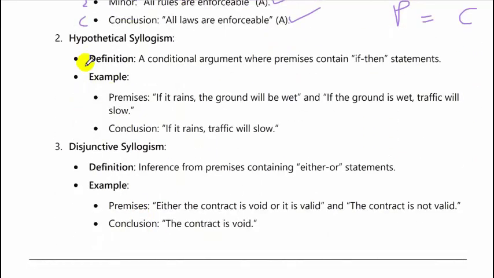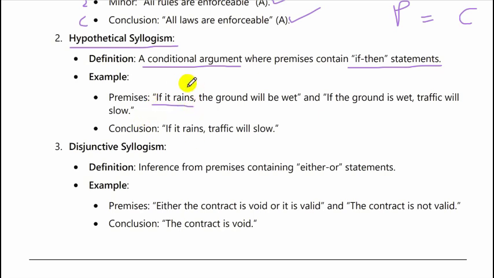Alright, let's look at the hypothetical syllogisms. A conditional argument where premises contain if-then statements. So if you have a statement or a proposition which is in the format of if-then, then that is known as hypothetical syllogism. It's a conditional argument. Let's understand this through an example. If it rains, it's a hypothetical situation.